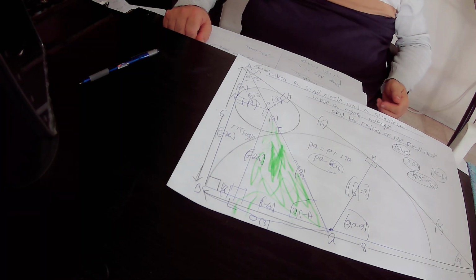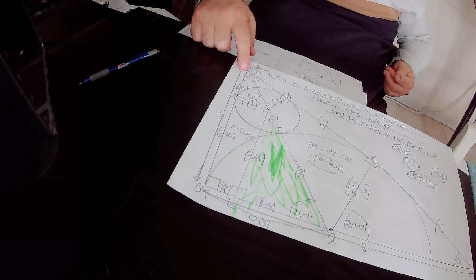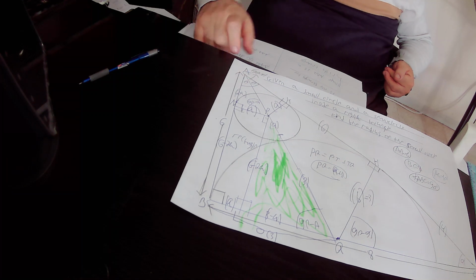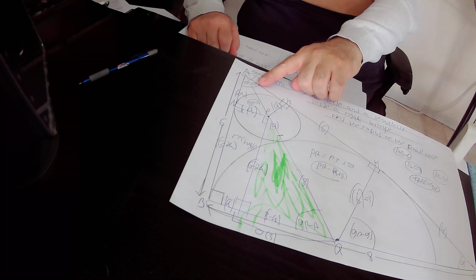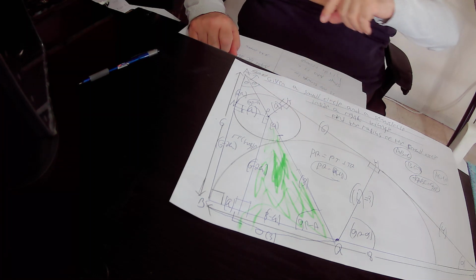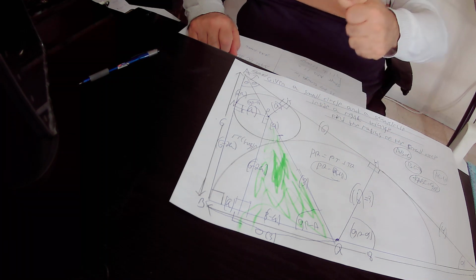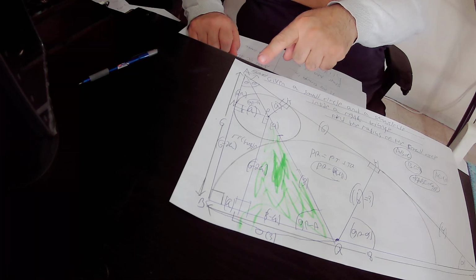And if we define the size of angle A as 2 theta, then the angle bisector PA bisects angle A into 2 halves. Each half is equal to theta. Likewise, the angle bisector QA of the same angle A bisects angle A into 2 halves. Each half equals theta.